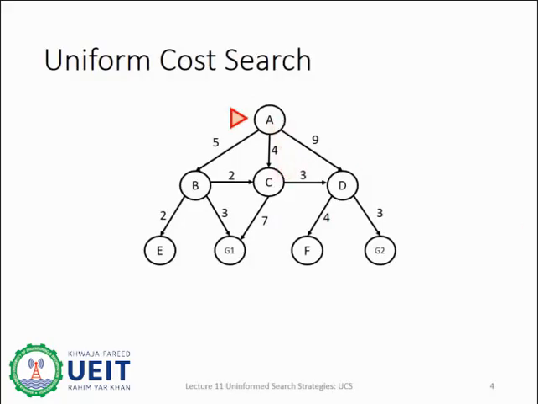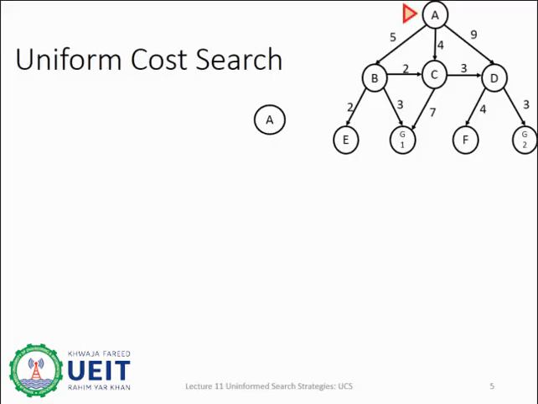The aim of the search is to move from A to one of the goal states, but you have got to do that with minimal total cost on the path. UCS will find the cheapest path, the least cost path between A and goal nodes G1 and G2.